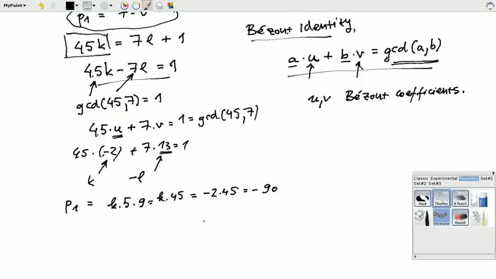I'm going to add 315 to P1 and I'm going to say it still works. I actually could prove it, but I think it would be a bit beyond the scope of this video. Okay, P1 is equal to 315 minus 90 is equal to 225.